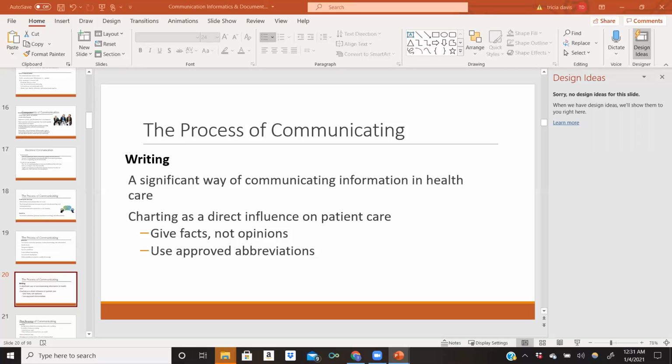This RN contacted the doctor regarding a higher dose of pain medicine for which I have received no new orders. The patient appears to be comfortable. He's sitting in his bed resting. His perceived pain is not appropriate, or I perceive that his pain is not real. So those are things you would not want to put in the chart.